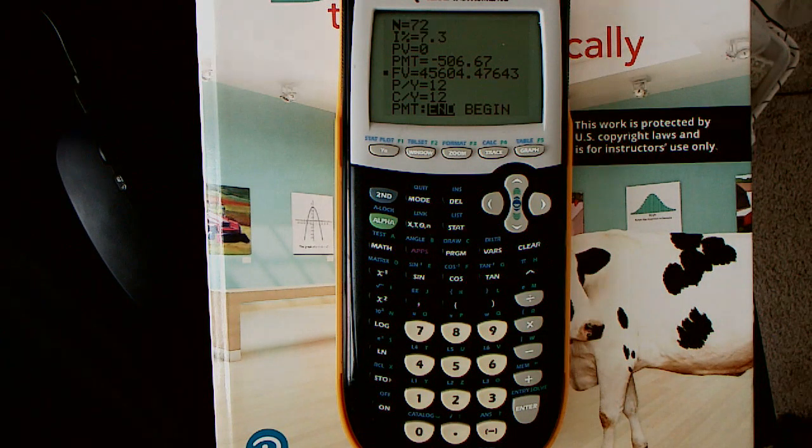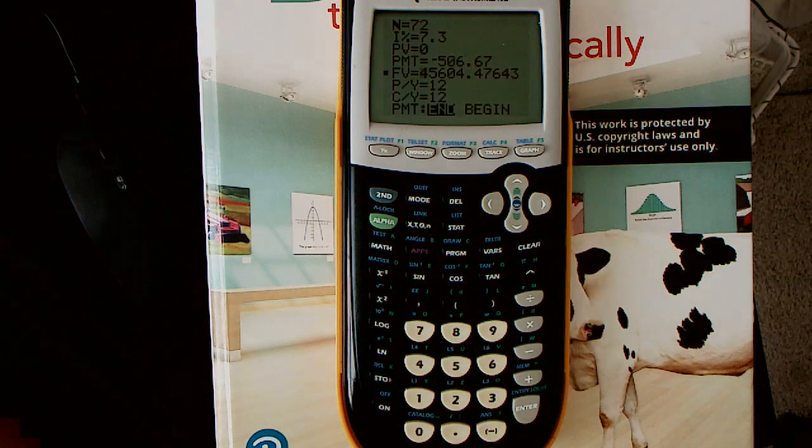A very decent amount for the down payment of buying a house. So that's how much money you would have in the annuity in 6 years.